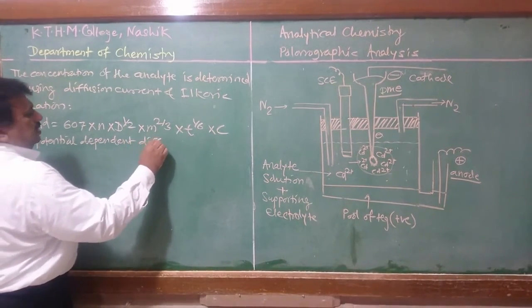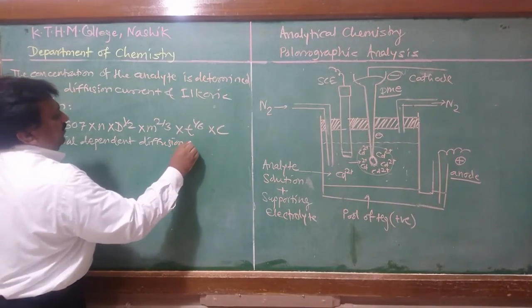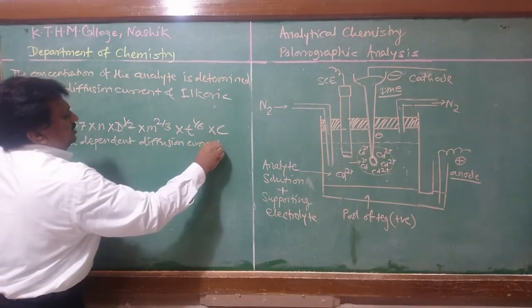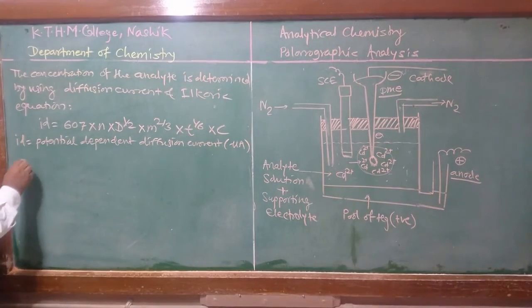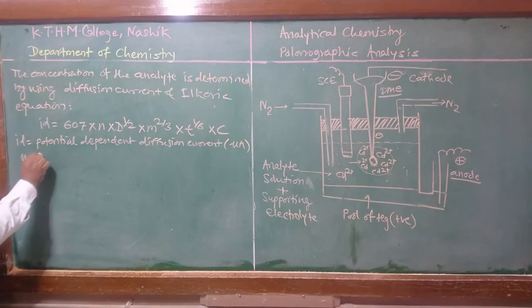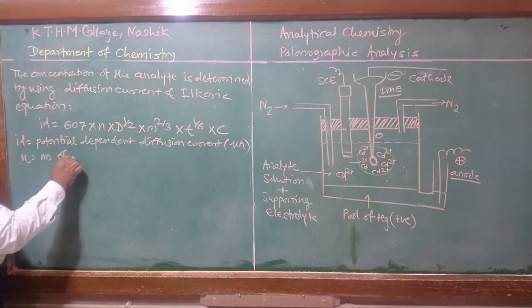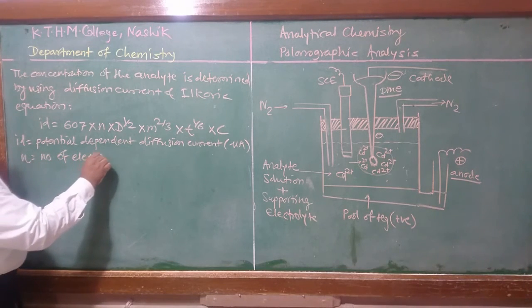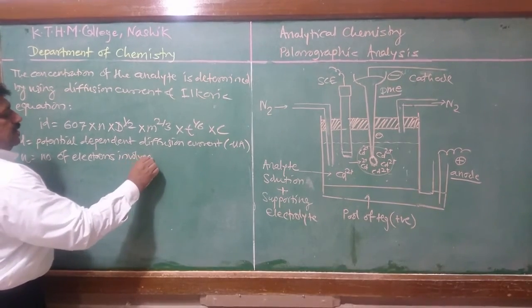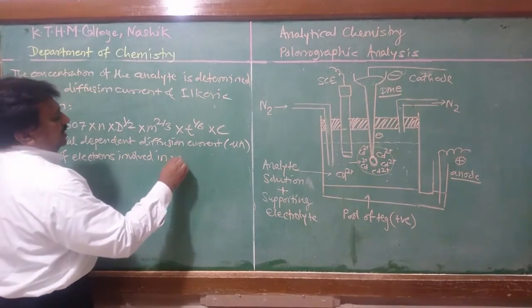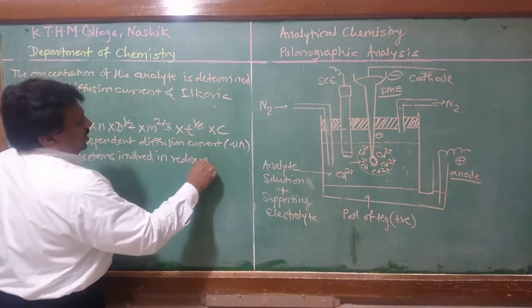diffusion current, and it is measured in microampere. 607 is constant, N is number of electrons involved in redox reaction. For cadmium it is 2.